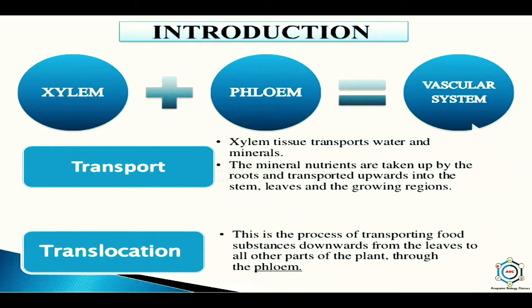The mineral nutrients are taken up by the roots and transported upward into the stem, leaves, and the growing regions. While in case of translocation, this is the process of transporting food substances downwards from the leaves to all other parts of the plant through the phloem. So, transport by xylem and translocation by phloem.